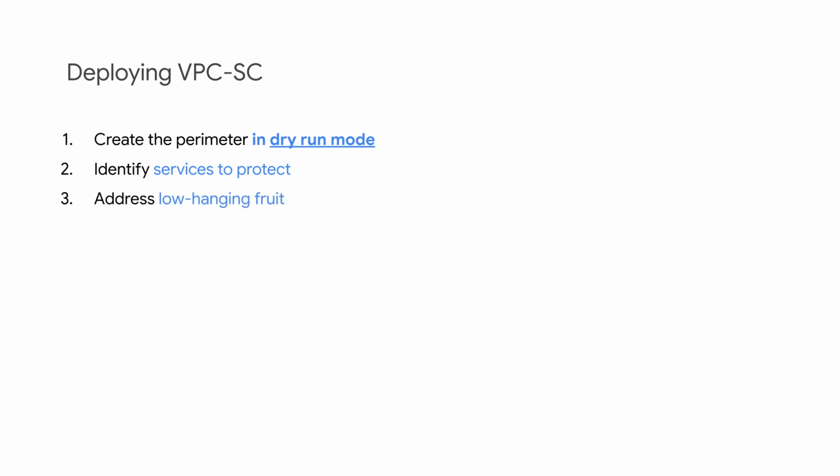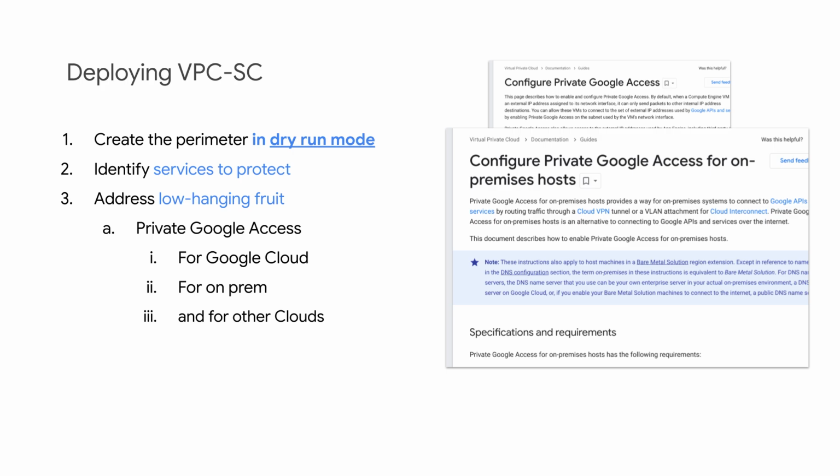The next step is going to be low-hanging fruit. This includes things like configuring private Google access for your own Google Cloud workloads and making sure your organization's own employees are allow listed in so they can perform their day-to-day job duties.